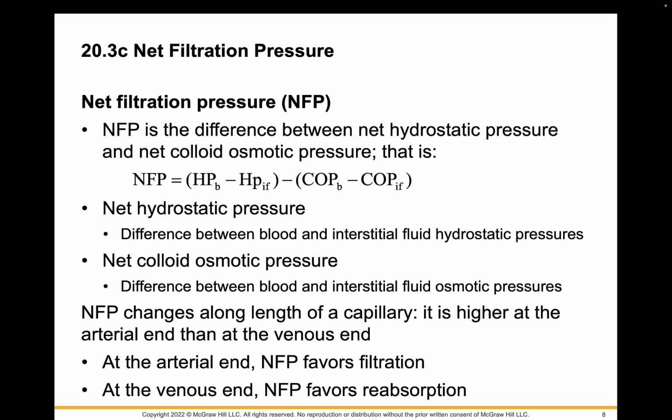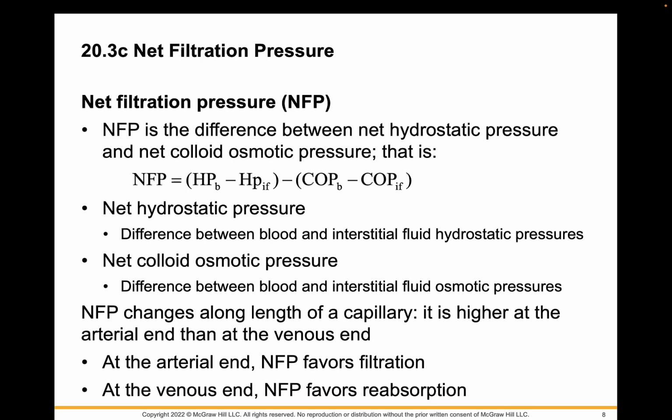Now, what we have to look at here that's determining the direction is going to be the net filtration pressure. I'm not going to spend a lot of time going over these calculations, and you are not responsible for calculating this. But really what we're looking at, net filtration pressure, is the difference between net hydrostatic pressure and the net colloid osmotic pressure.